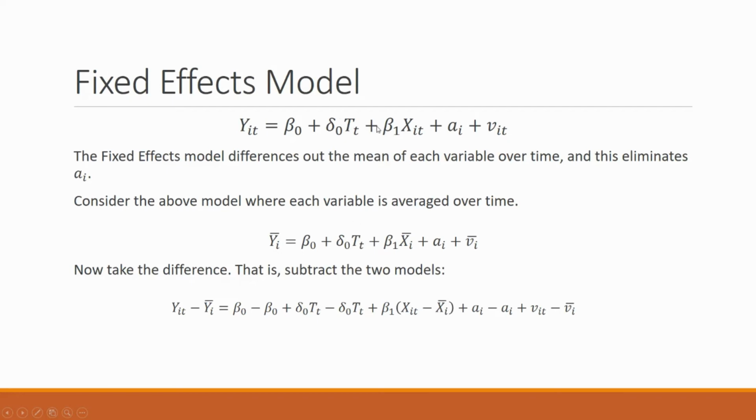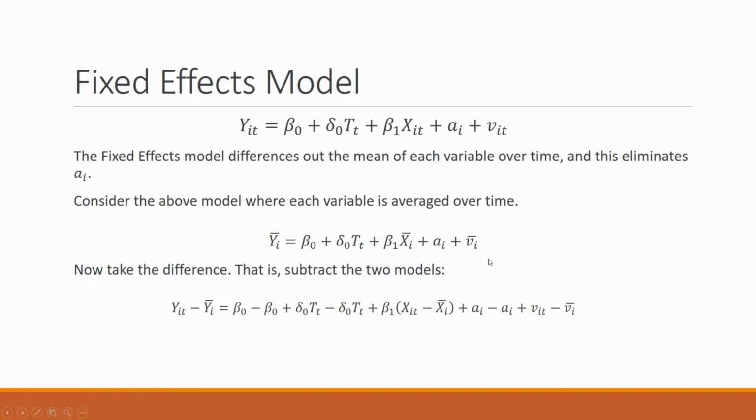Now we take the average of the xit variable over time, and so we get x bar i. We take the average of the ai variable over time, which does not vary over time, and so it remains the same. And then finally we take the average of the error term across time, and so we get vi bar.